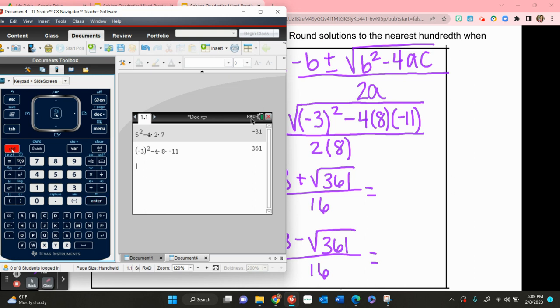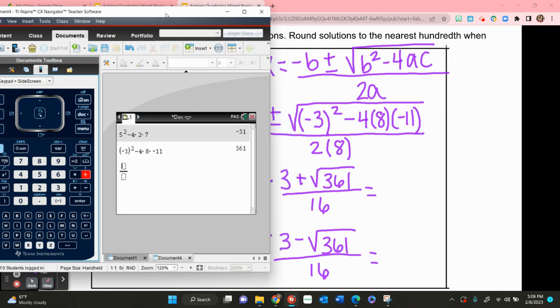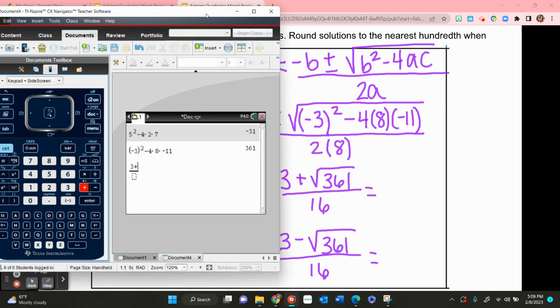Since they're both fractions, I'm going to press Control Divide. I have 3 plus the square root, so Control Divide, of 361 all over 16. And when I press enter, I end up with 11 over 8.